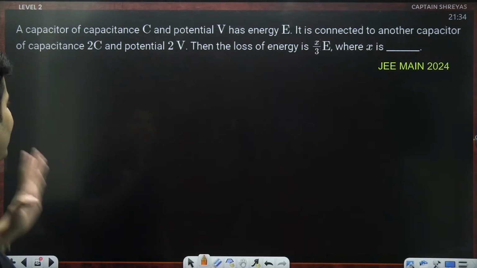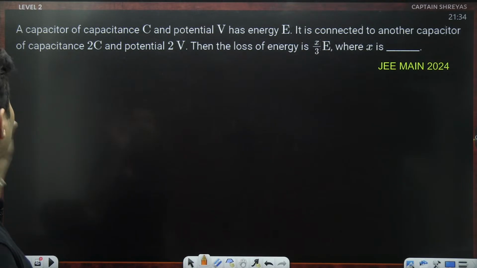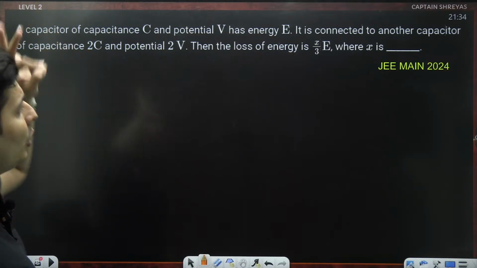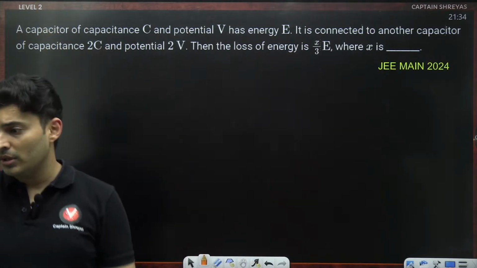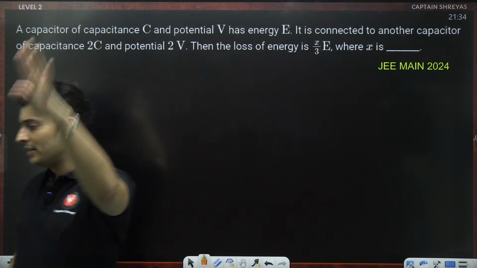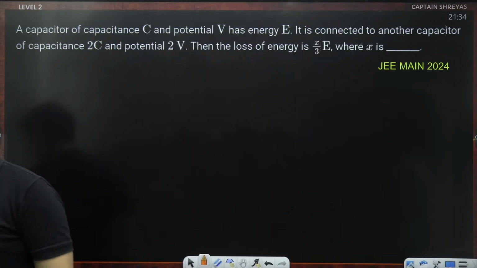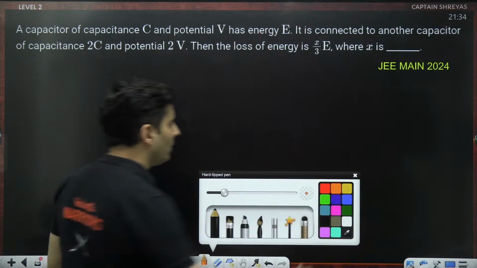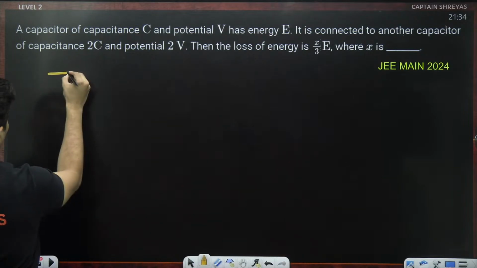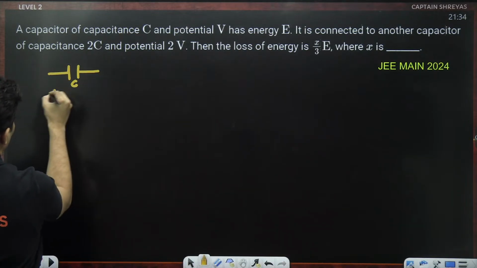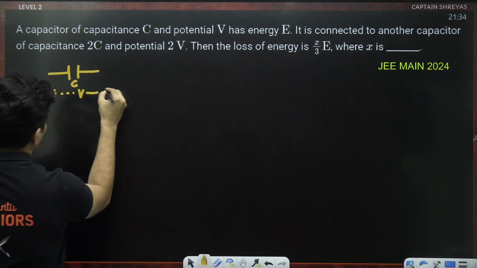Capacitor C, voltage V, energy E, connected to another capacitance 2C, voltage 2V. Don't you see, same model of question just got repeated, just that the values are different, nothing else. So redraw these scenarios. Capacitance C, voltage V, okay.